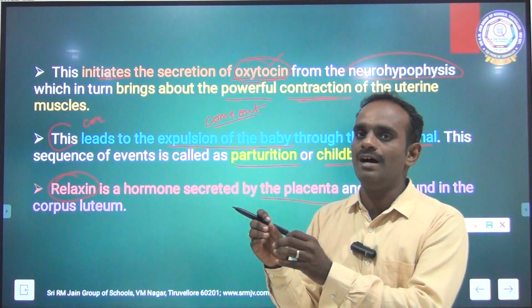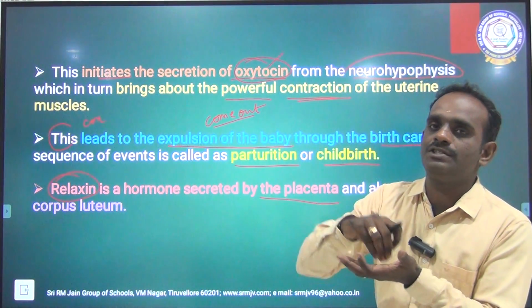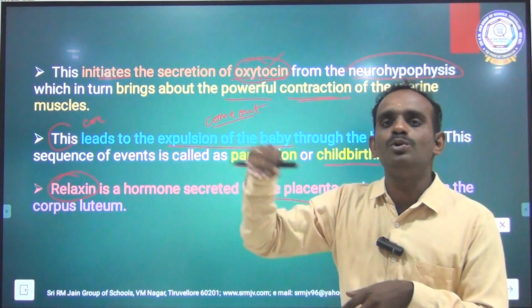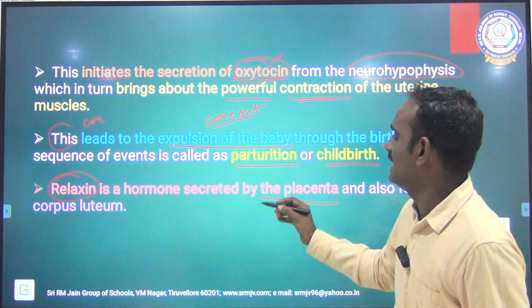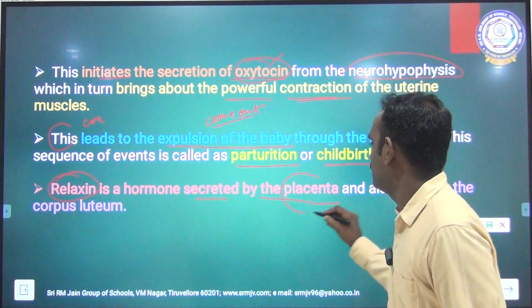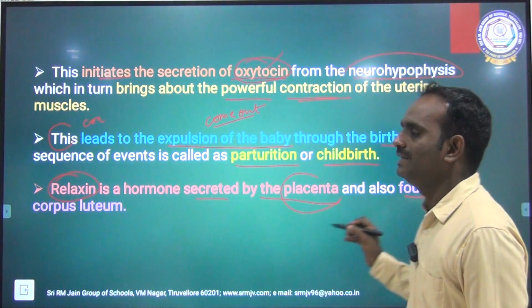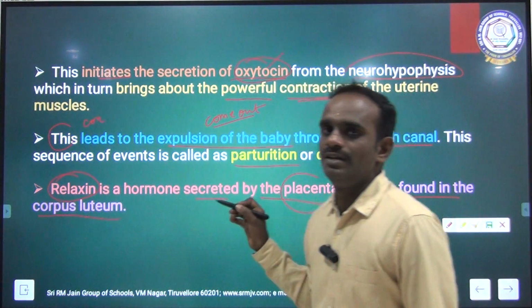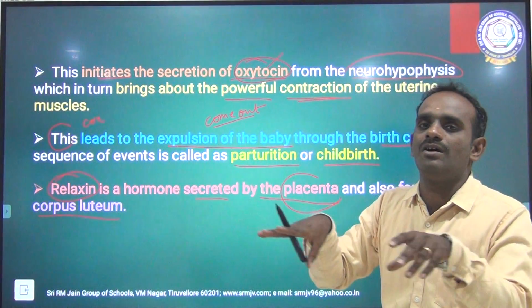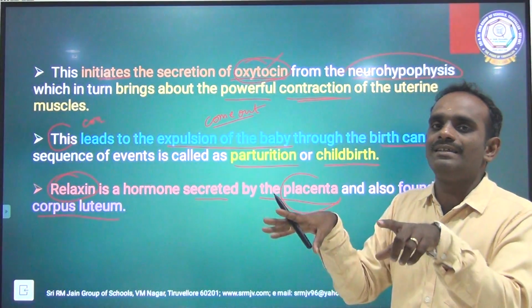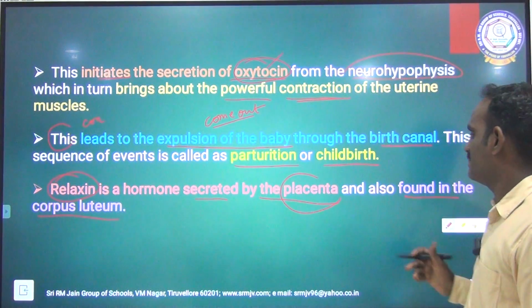This placenta connects the fetus to the uterine wall through the umbilical cord. The relaxin hormone is secreted by the placenta and is also found in the corpus luteum. Relaxin also plays a vital role in the relaxation and dilation of the cervix and the birth canal.